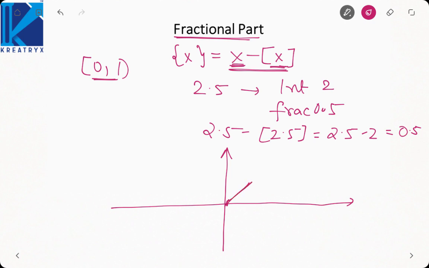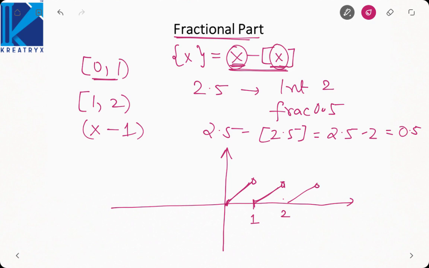So the graph will be like this. But as soon as you have 1, x is also 1, the GIF will also become 1, and you will again be back at 0. Then if you are lying between 1 and 2, then it will be equal to x minus 1. The graph of x minus 1 is like this. Again you will repeat like this.